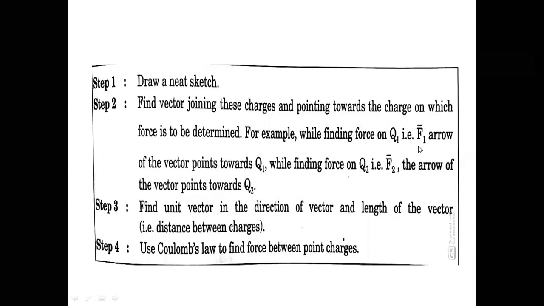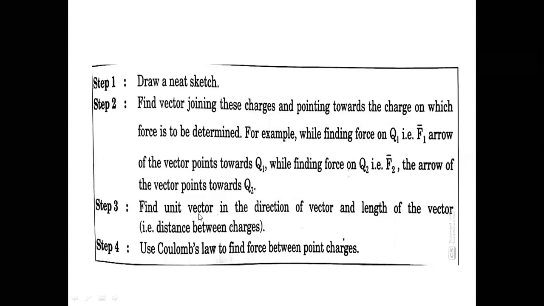Whenever I say F1 bar, it means the force on the charge Q1. Similarly, F2 bar means the force pointing towards Q2. Please remember this important word, towards. These are the forces experienced by the individual charges.